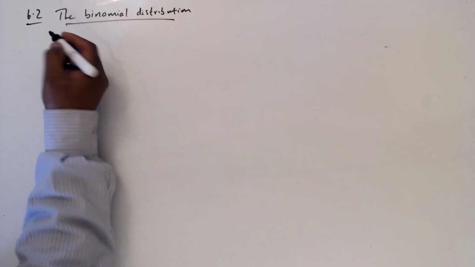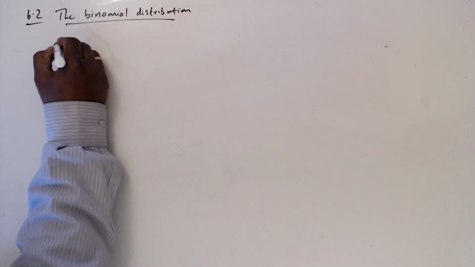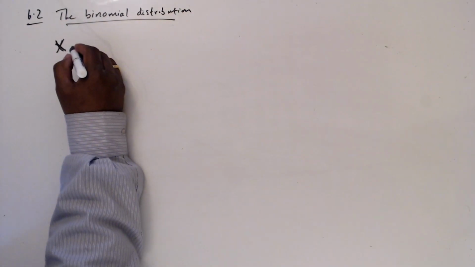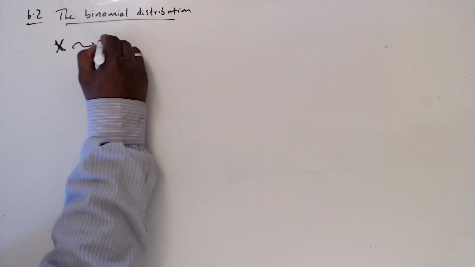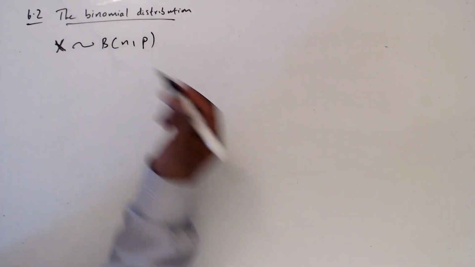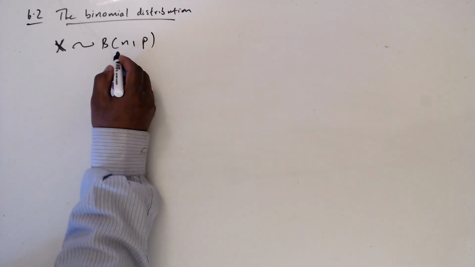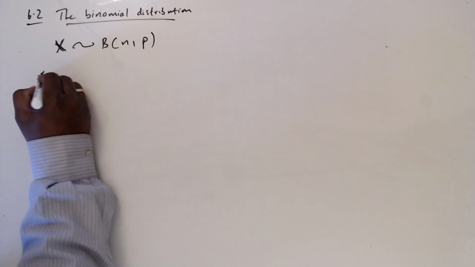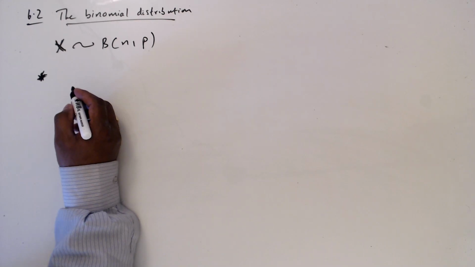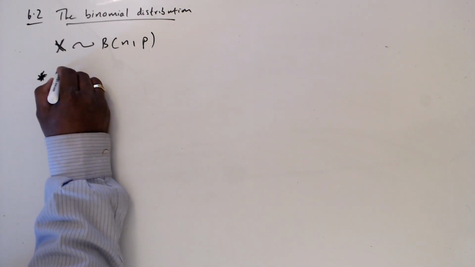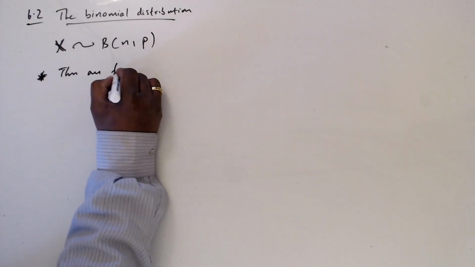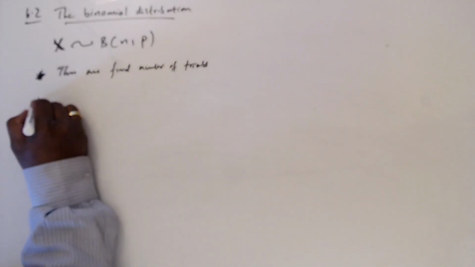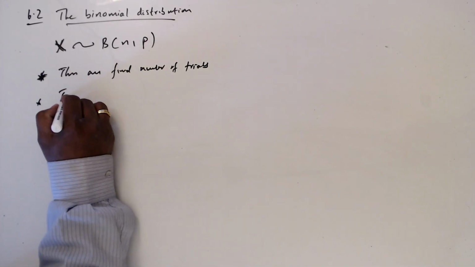And if we can represent the event by binomial expansion, we discussed we can write it like this. When we apply these tests, there are a fixed number of trials and two possible outcomes.